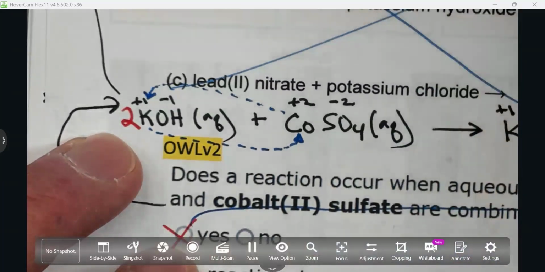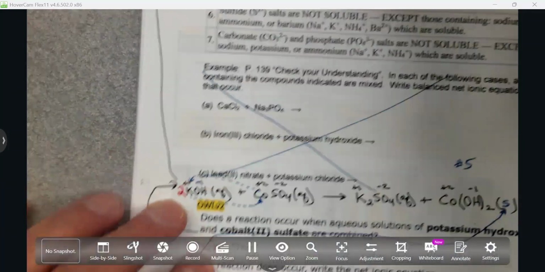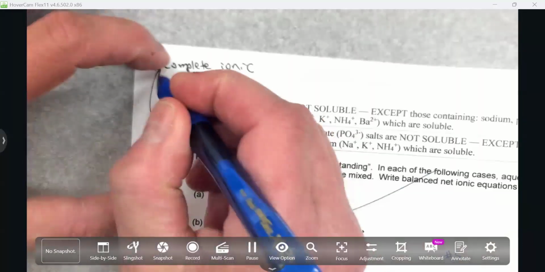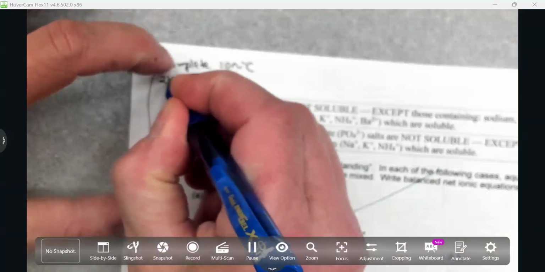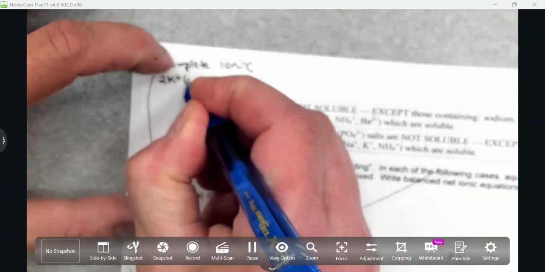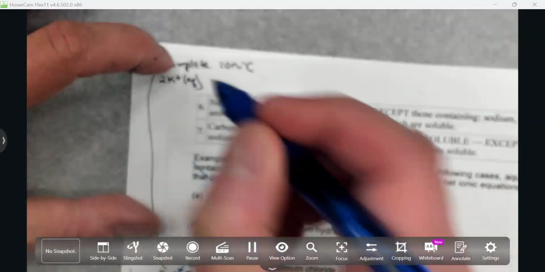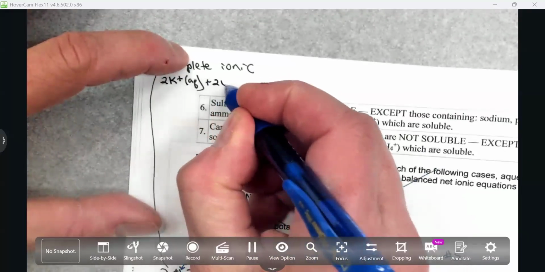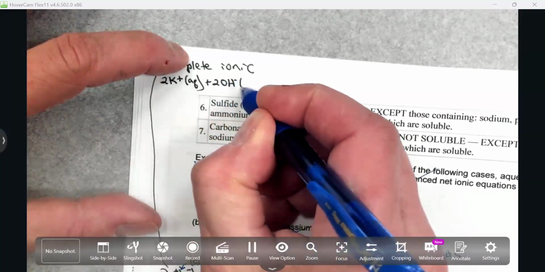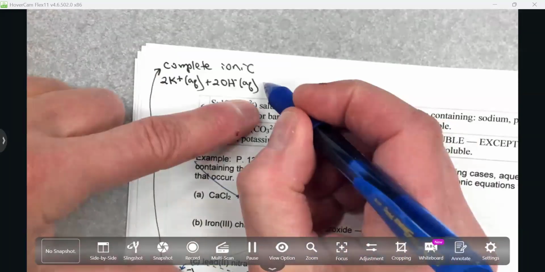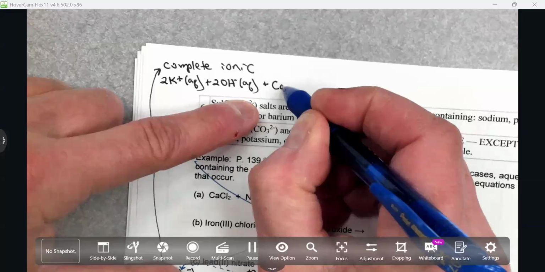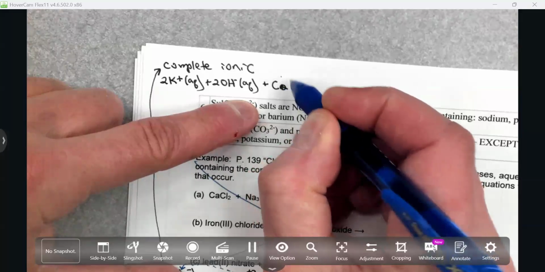SO4 stays together. Do not split that up. 2K plus 2 hydroxides. Cobalt. Oh, why did I write calcium? Cobalt.